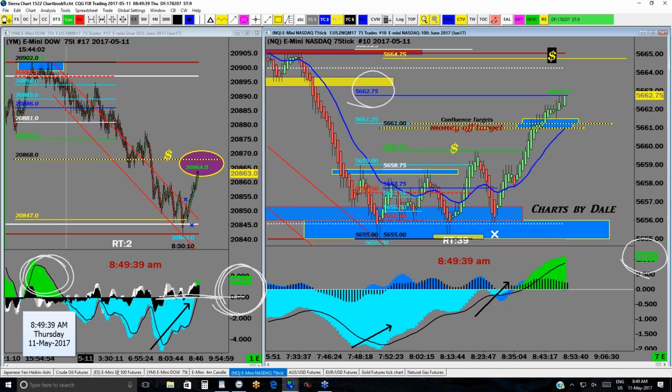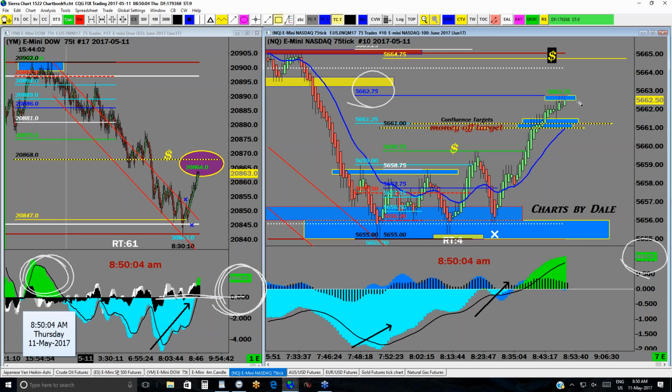All right, so resistance area taking place here on the NQ, right exactly where it's supposed to take place. So we'll see if the market can break up through that resistance. It is now 8:50, so 10 minutes to 9. There we go.